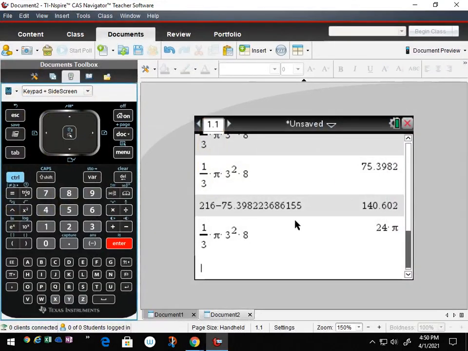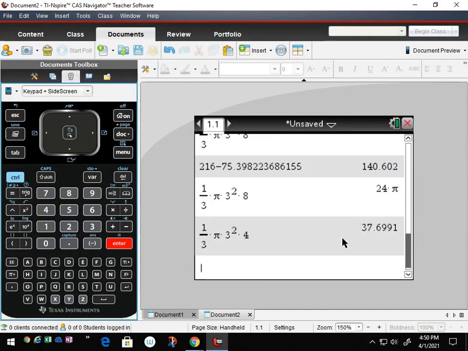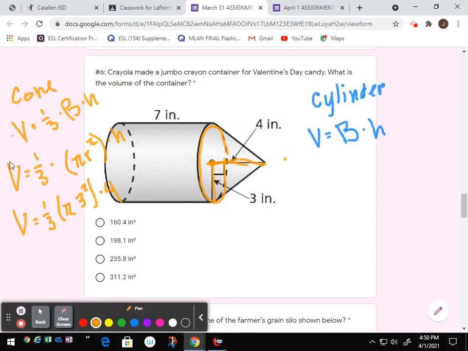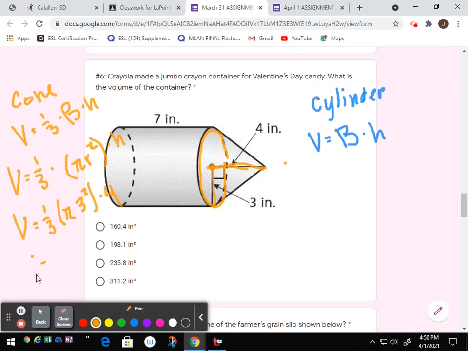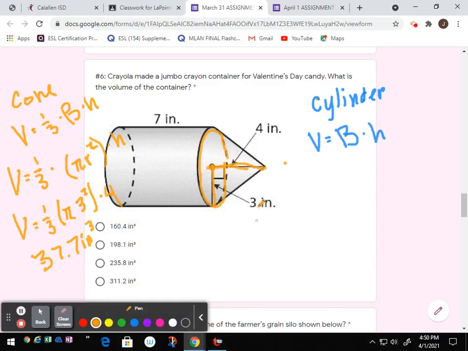Sorry, our height was 4, so let's go back up. We get 37, we'll round up to 37.7 inches cubed. All right, so there's our answer, our volume for the cone.